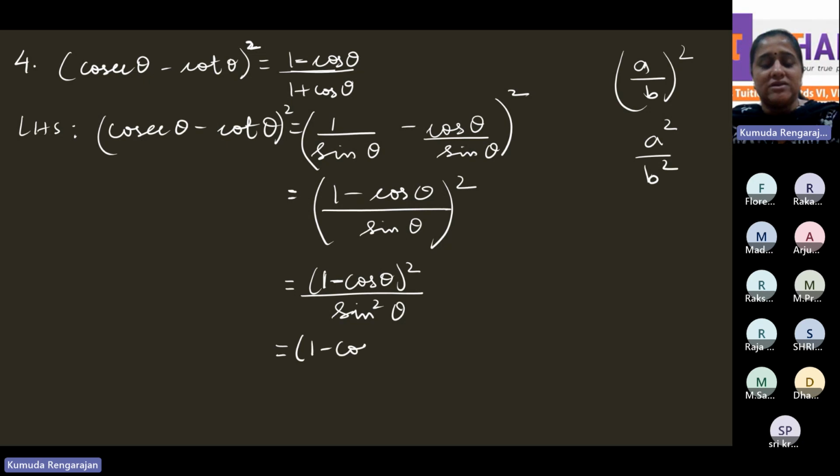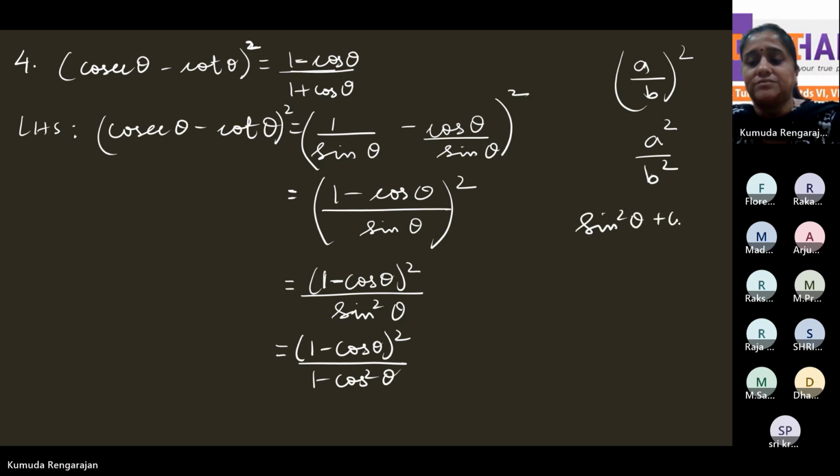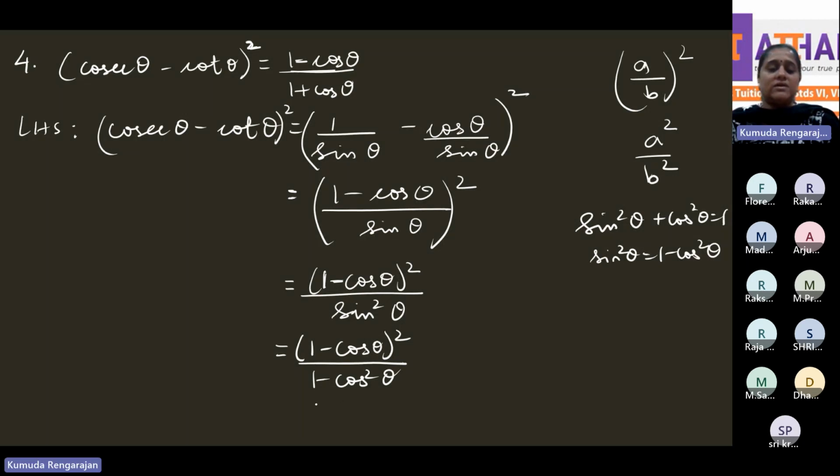Write the numerator as it is because it's only cos there. The denominator is sine square theta, so replace that with 1 minus cos square theta, because sine square theta plus cos square theta is 1. So sine square theta is equal to 1 minus cos square theta. Okay, next.